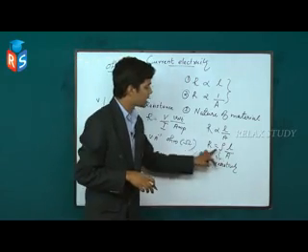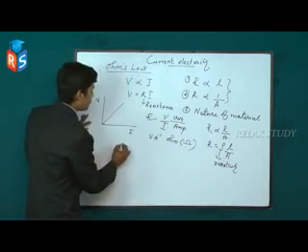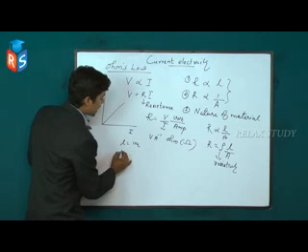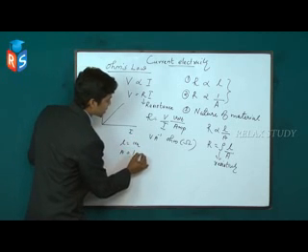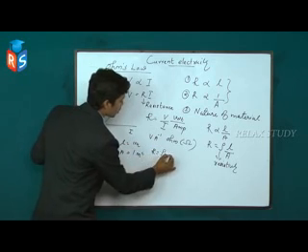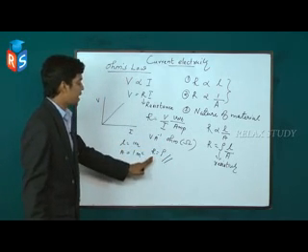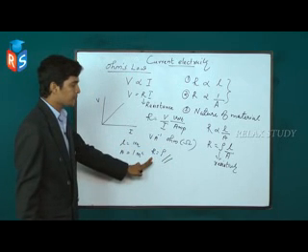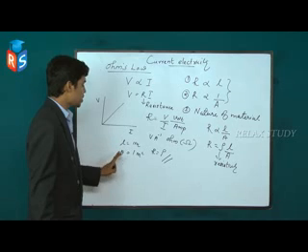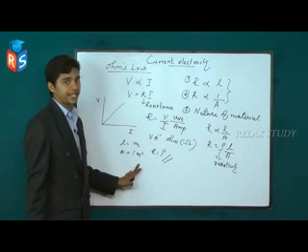If L is equal to 1 meter and A is equal to 1 meter square, then R is equal to rho. That means the resistivity of any material can be defined as the resistance if the length is 1 meter and the area of cross section is 1 meter square.